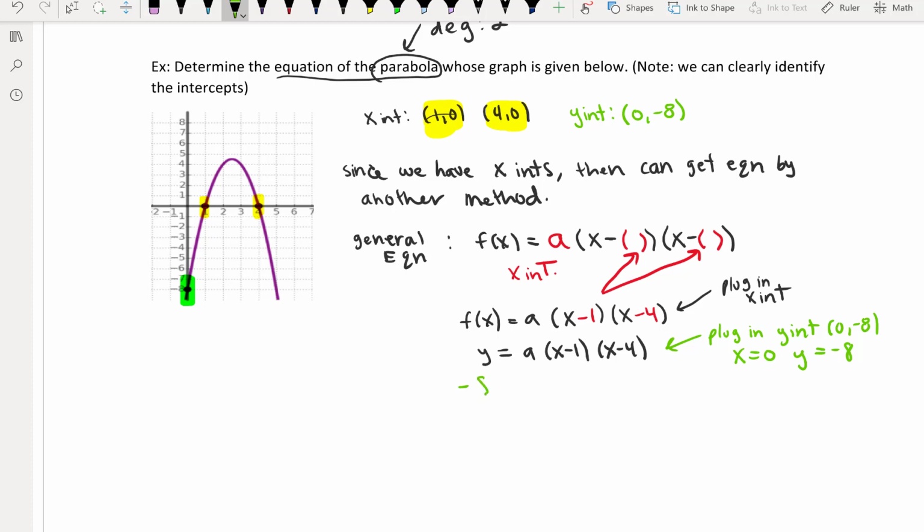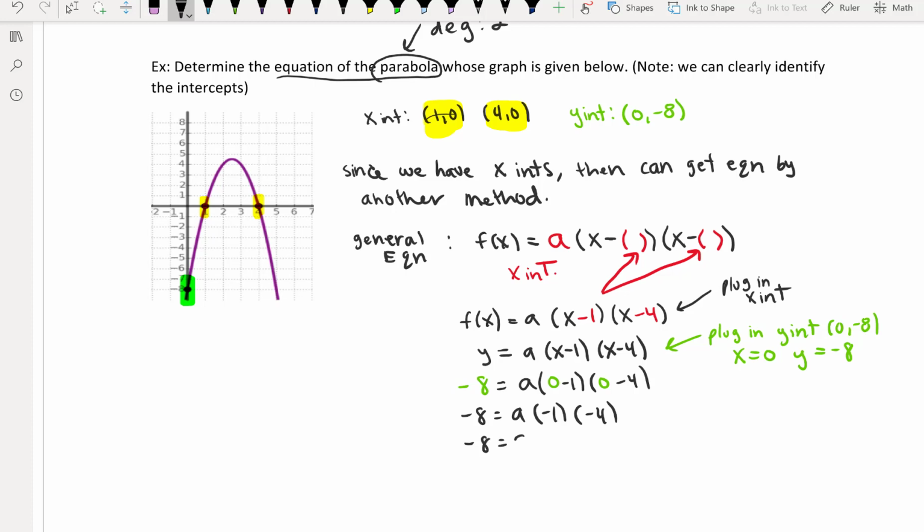So I have negative 8 equals a times (0 minus 1) times (0 minus 4). 0 minus 1 is negative 1, and 0 minus 4 is negative 4.